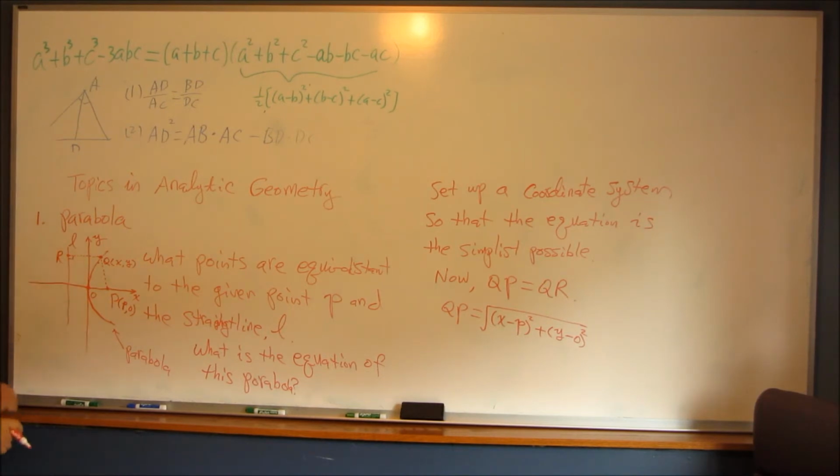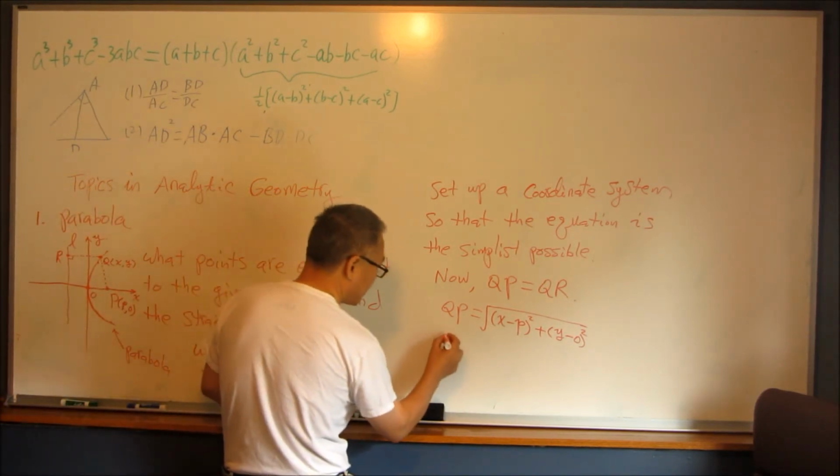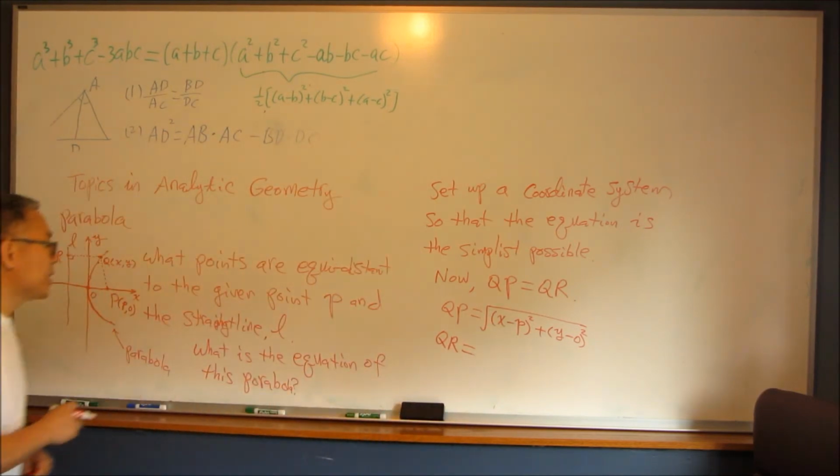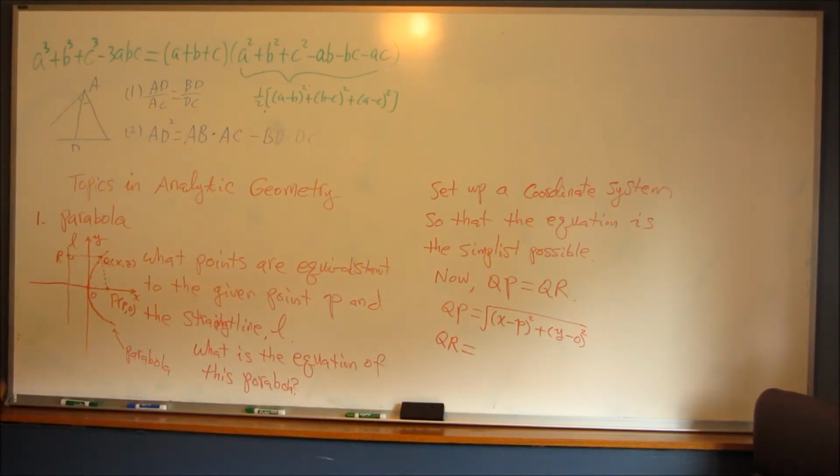Now let's calculate QR. What is QR? This is perpendicular to the vertical line, and the distance is equal to this plus that.